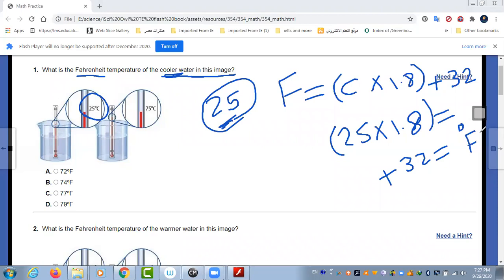Let's check the answer. 25 times 1.8 is 45. So 45 plus 32, the answer is 77.